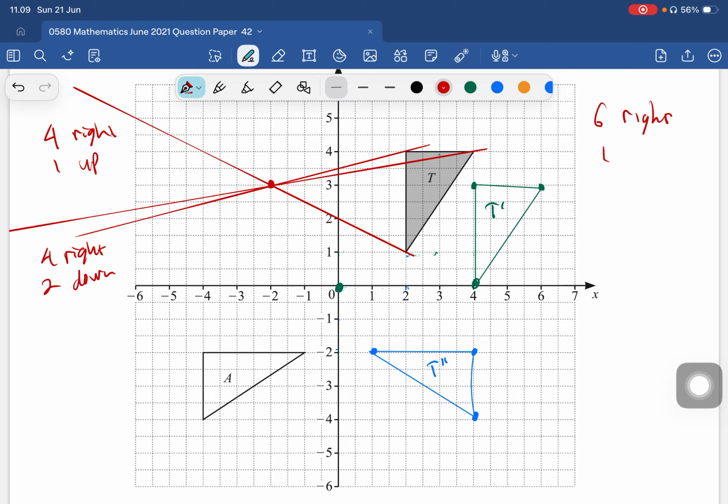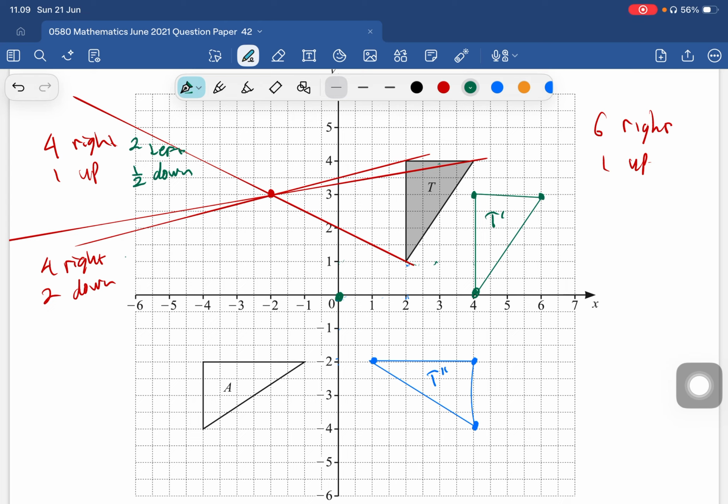So 4 we make it a half, so this is going to be 2 left, and then this is a half down. Here is 4 right, so it will be 2 left and 1 up. Next here is 6 right, so it's going to be 3 left and then a half down.